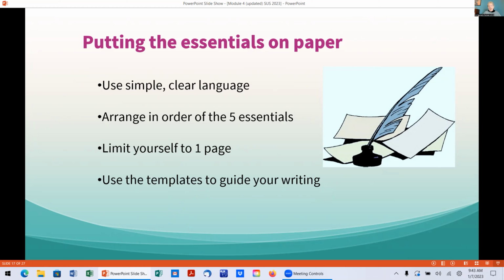So it's quite likely that you won't be given enough time to say everything, but you can put that on your written document and get it sent in a format that folks will read. And finally, use the templates to try and guide your writing, particularly if you're kind of new at doing this.